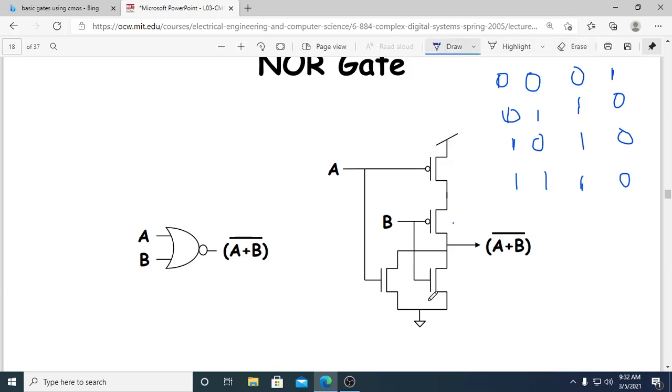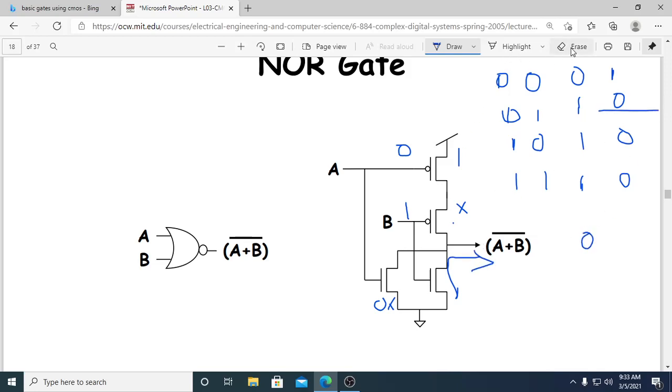Second case: 0 and 1. So 0, this will turn on, but 1 is turned off. Again, 0 and this is 1. So 0 turns off and 1 turns on. So 0 is passed to this, and output is 0 again.